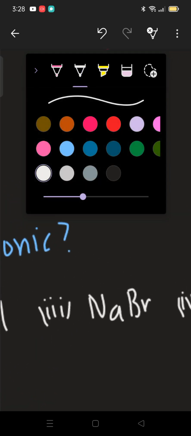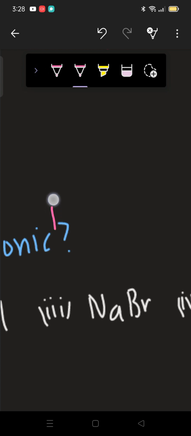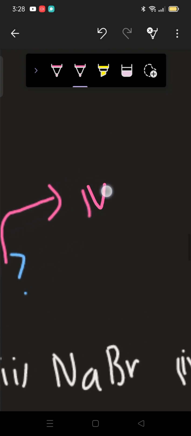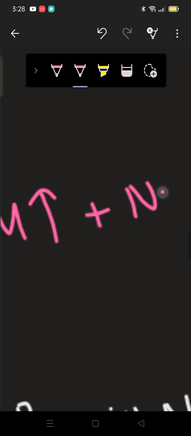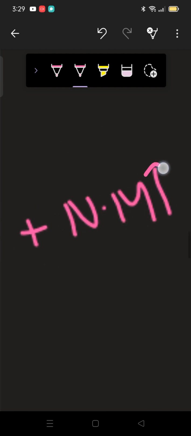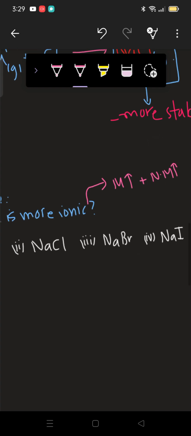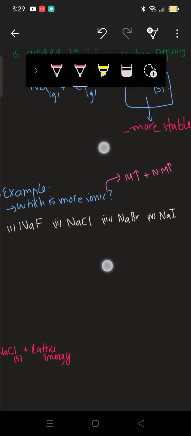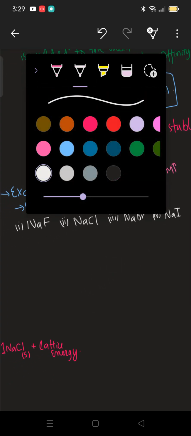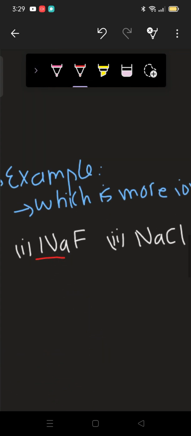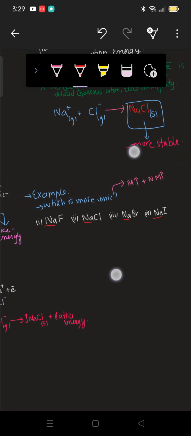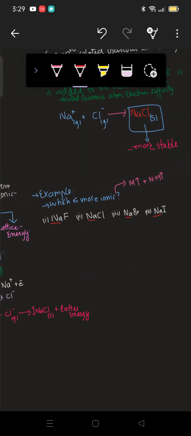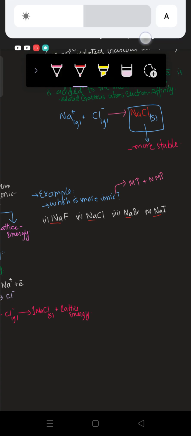Now the ionic character will be more if we have more metal character plus more non-metal character, right? As you can see, the metal Na is the same in all four, which means we need to look at the non-metals and then decide which is more ionic.